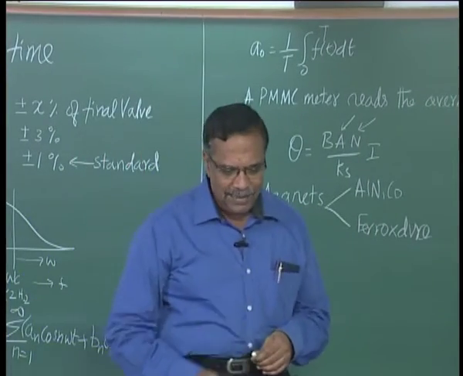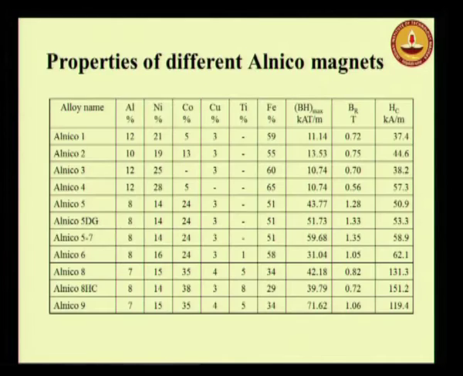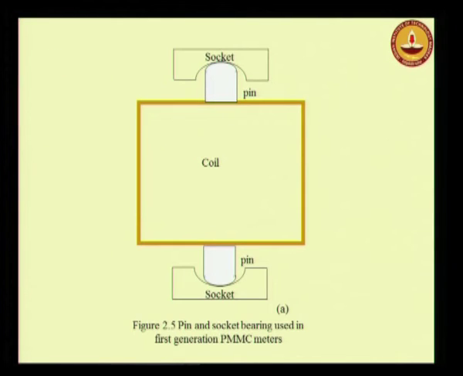Now if you look at the other parameters that we will have to look at if you want to make a PMMC meter, the pivots and the springs go hand in hand. Initially the pivots were what is known as a pin and socket.